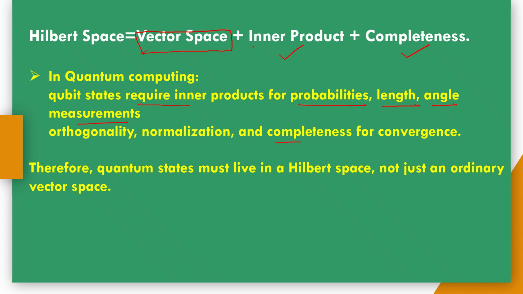The completeness is related to the convergence theorem. Therefore: vector space, inner product and completeness. Completeness is another feature to understand the convergence nature of a particular sequence. Therefore, the quantum state must live in a Hilbert space, not just an ordinary vector space.